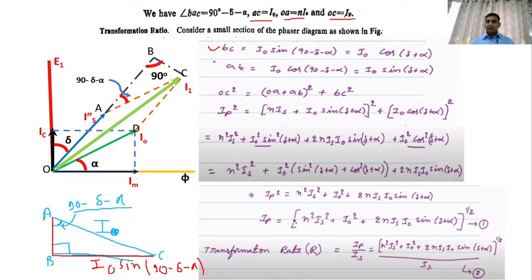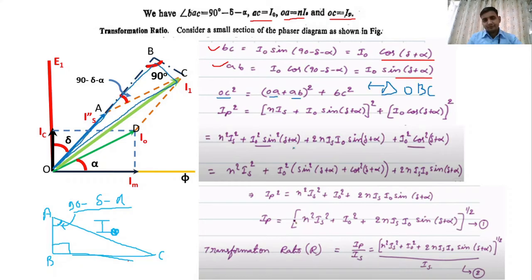You will see AB and BC. We can also convert this sine of 90 minus del minus alpha to cos of del plus alpha, and sine of del plus alpha.